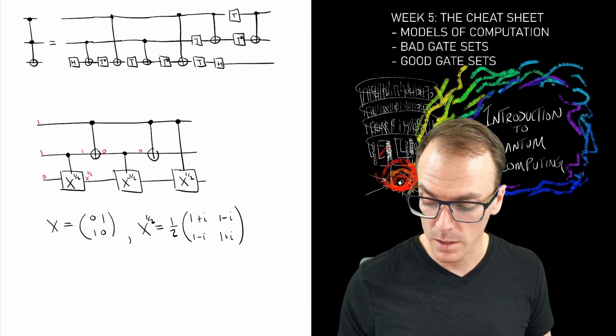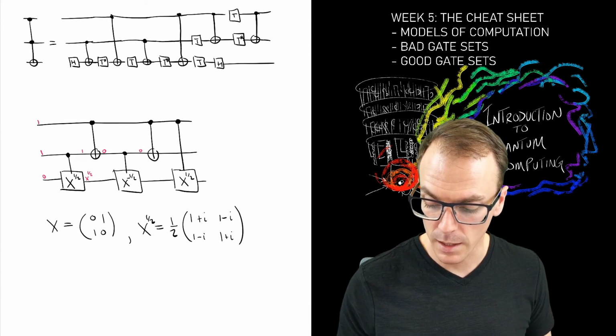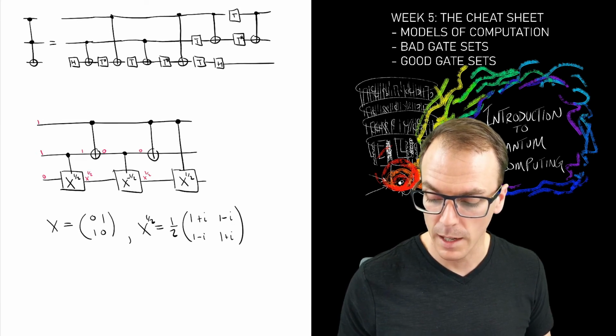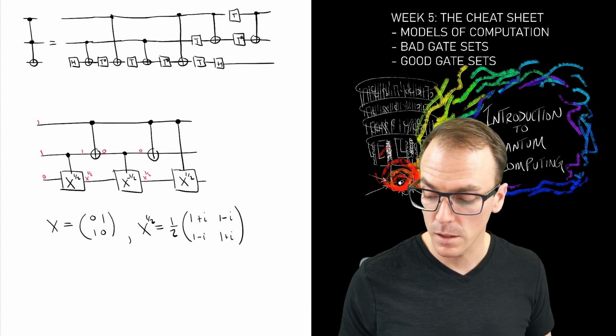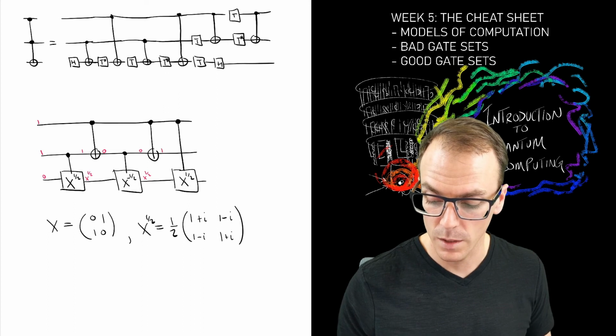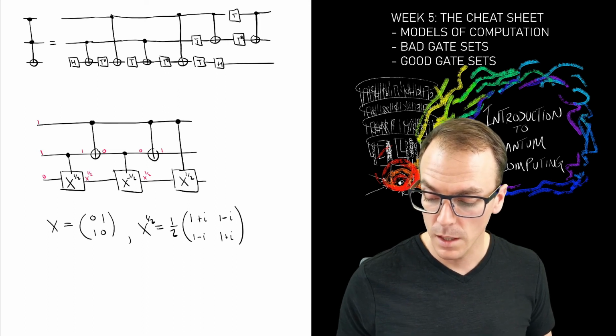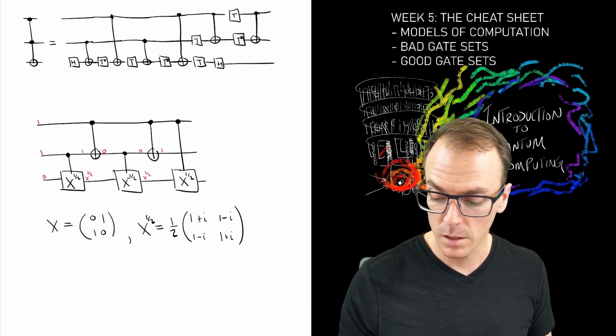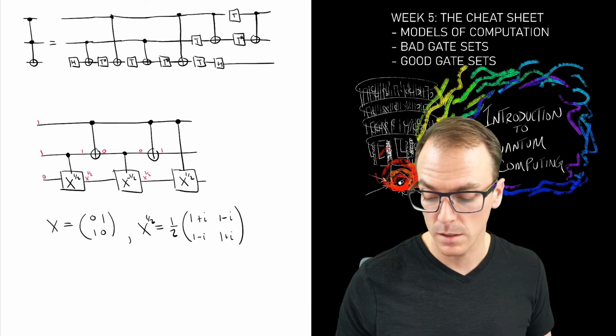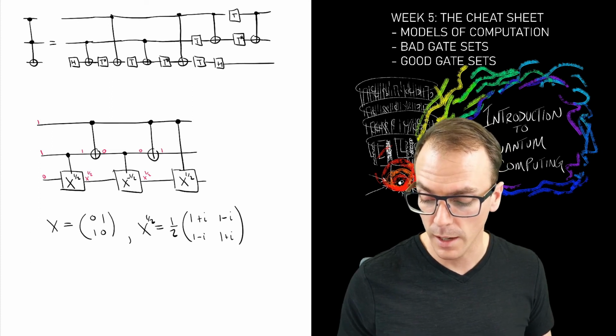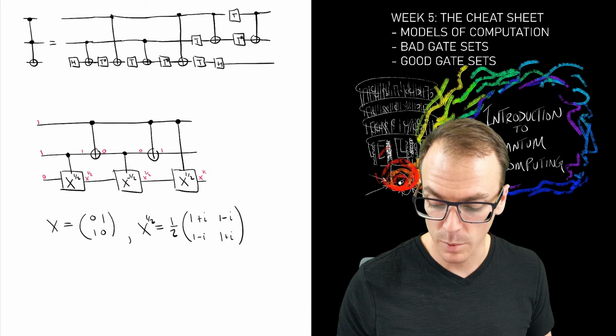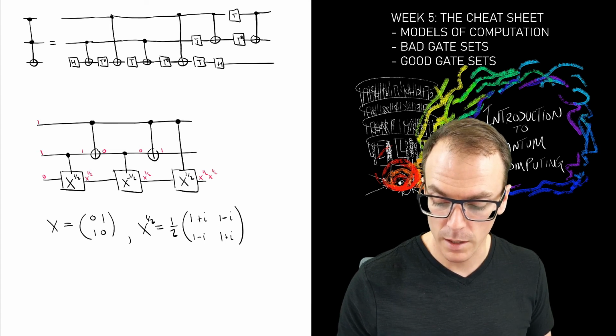So nothing happens. I remain in x to the 1/2 at the bottom. The control up at the top stays in 1 the whole time, so that flips back to 1, and the final gate does get controlled, so another x to the 1/2 is applied to the final one.